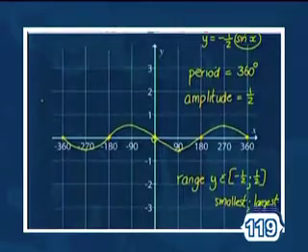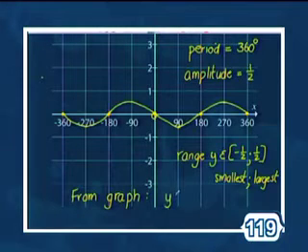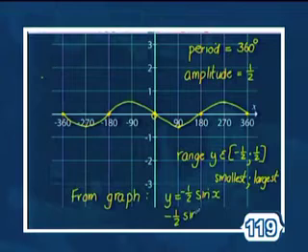The other question that they might just ask you is to say from your graph, of course, our graph, this is it. So from our graph, they might ask us to solve when is negative a half sine x equal to 0? Now, all that they are actually asking you to do is to have a look at your graph and tell them when the graph takes a y value of 0.